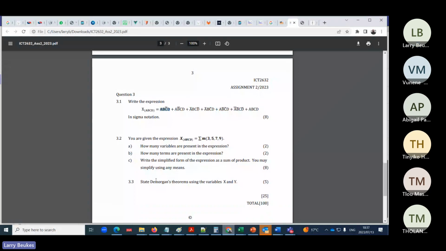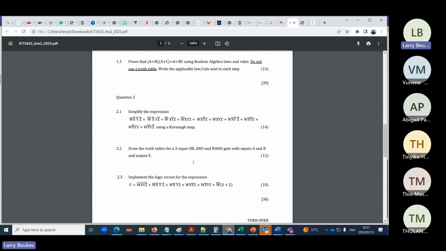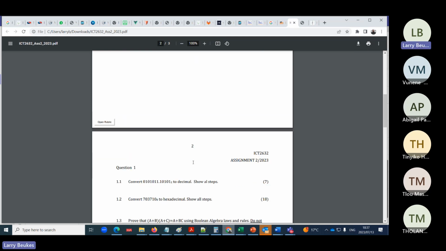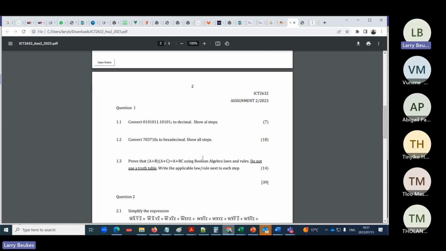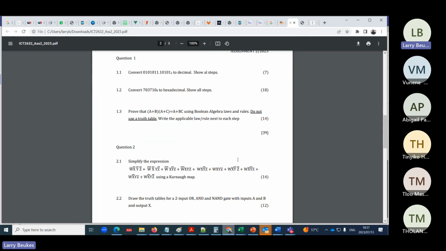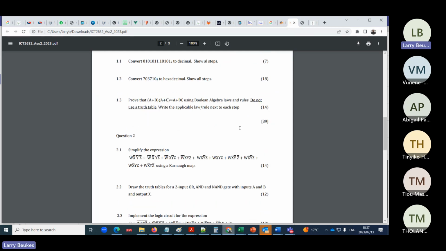Okay. Then we haven't really looked at De Morgan's theorem. We'll just do one example. So I can say from our sessions, it's possible to get 100%. Let me calculate. No, this 14 marks is gonna be a bit difficult. It's not difficult, but it wants you to practice.